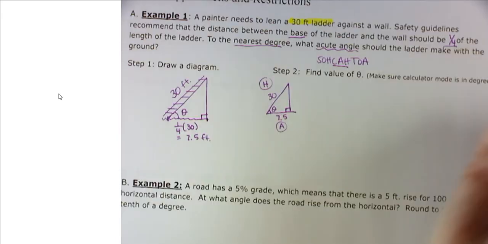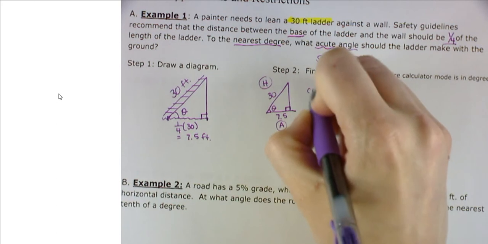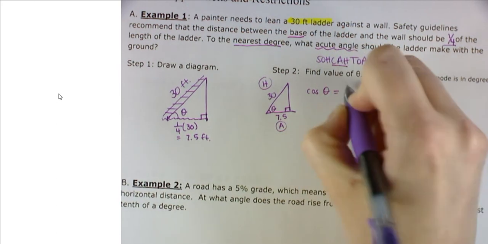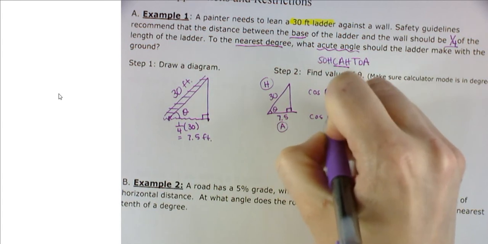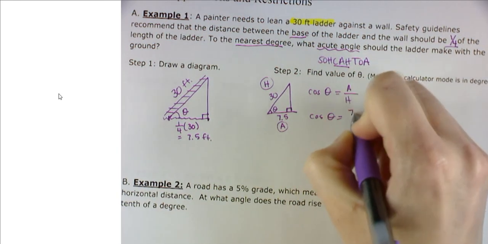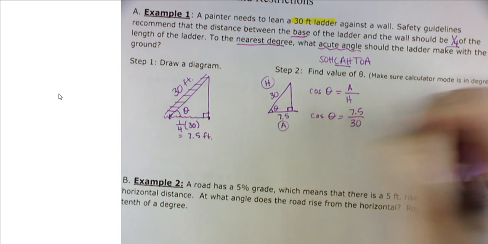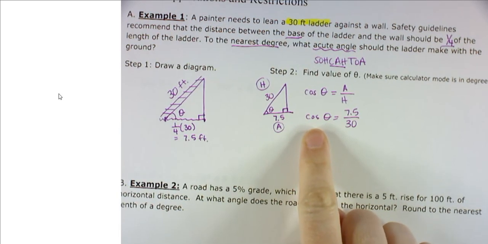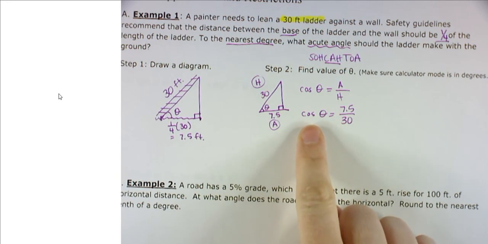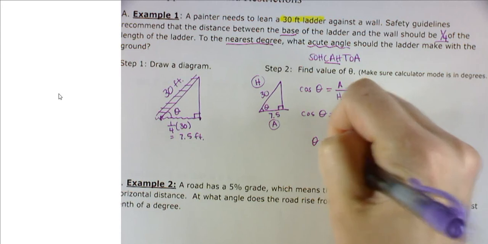So the cosine of theta would equal the adjacent over the hypotenuse, which means the cosine would equal 7.5 over 30. Now, if you want to solve for theta, you are going to use the inverse cosine. So theta would be the cosine inverse of 7.5 over 30.